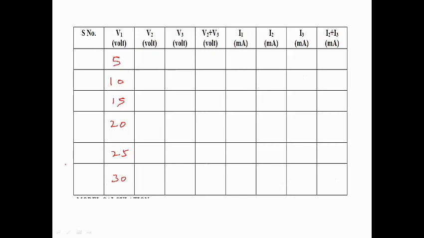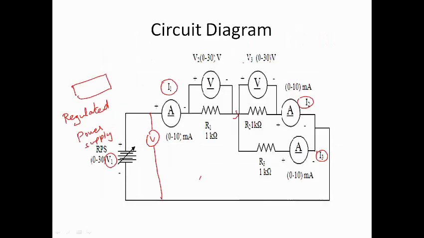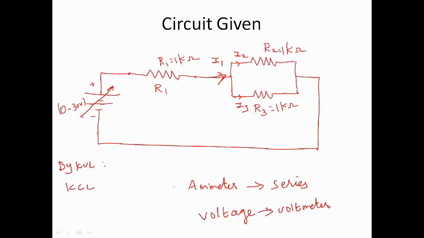Before that, as I told you, you need to perform a manual calculation, right? So to perform manual calculations, you can take any readings. Say in this case, let me take the voltage as 25 volt. So if I set 25 volt, let me find what V2 and V3 are. Okay, so let us perform manual calculation for this.